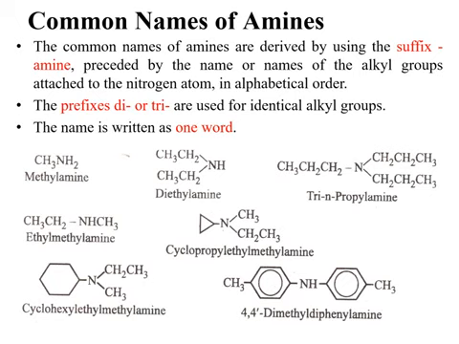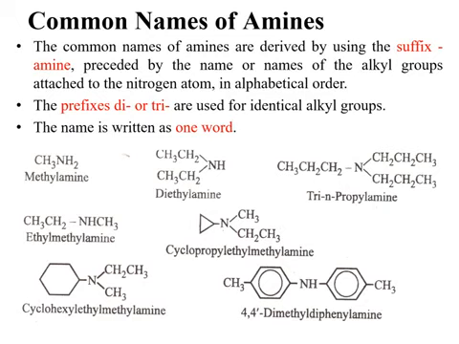One of them is normal propyl, the second is isopropyl, and the third possibility of a propyl group is cyclopropyl. So alphabetically, first of all comes C, that's why the name will start with cyclopropyl. Then we know there is an E, that's why cyclopropyl, ethyl, and methylamine. This name will have no space, hyphen, or comma because this is a single molecule and it will carry only a one-word name.